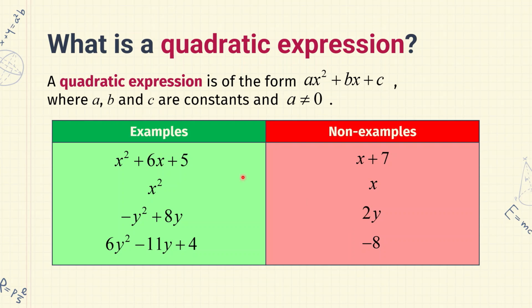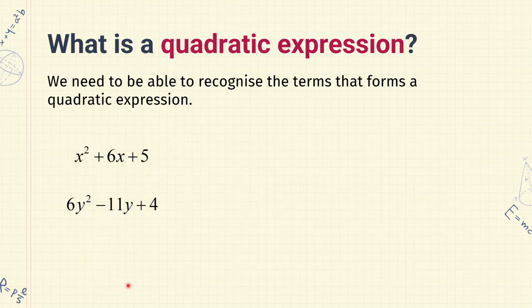So the thing to look out for when it comes to quadratic expressions is that we must have a term that is raised to the power of 2. Let's continue to talk more about it. We need to be able to recognize terms that form a quadratic expression. Over here I have two expressions, x squared plus 6x plus 5 and 6y squared minus 11y plus 4.